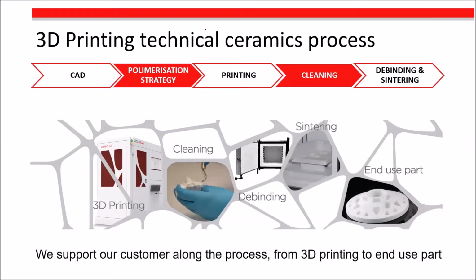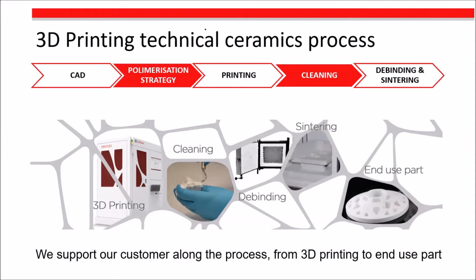So the process is the CAD file, okay. Our software will slice the parts. Into the machine, you put your STL file. The software will slice it, and the laser will polymerize the parts layer by layer. So you obtain at the end a green part.